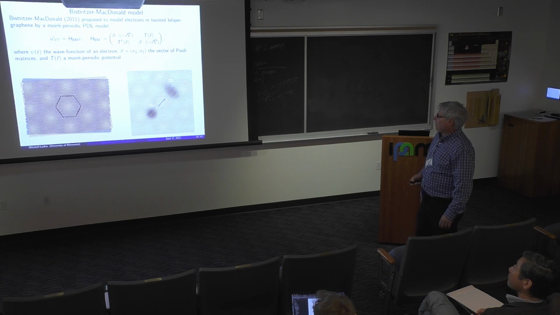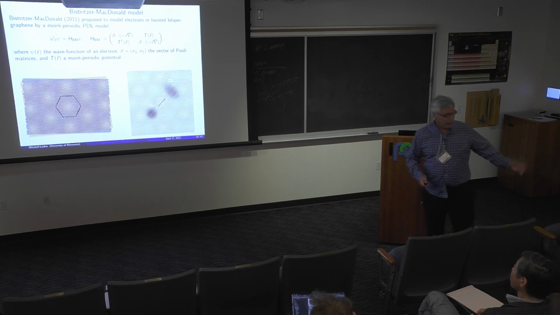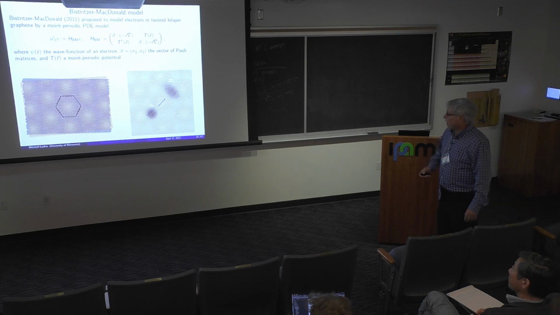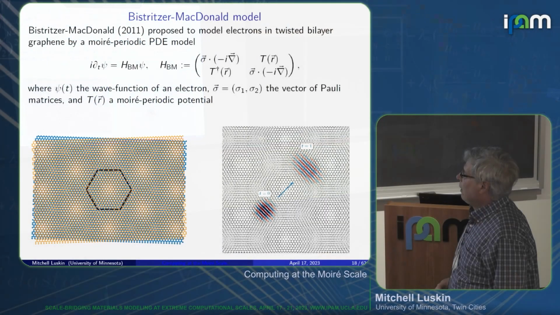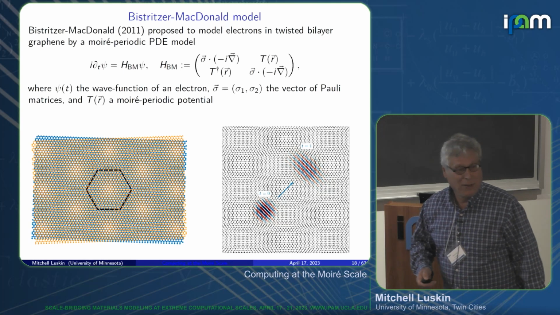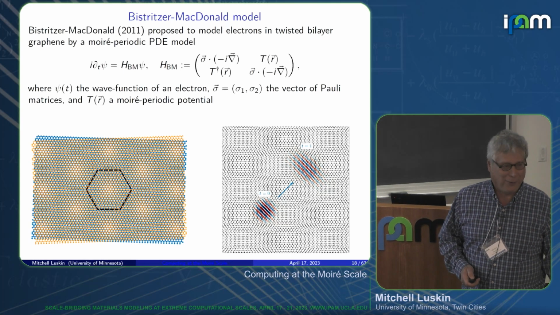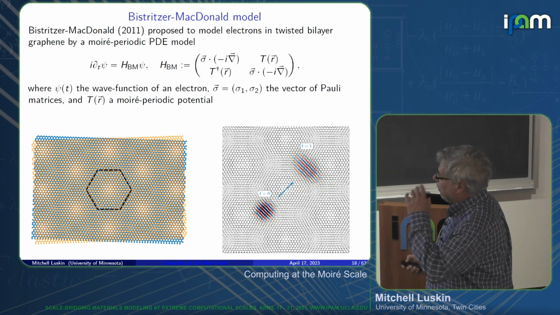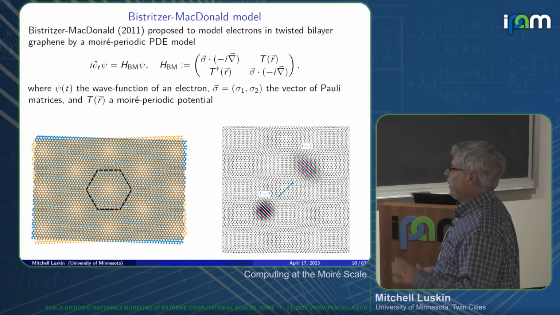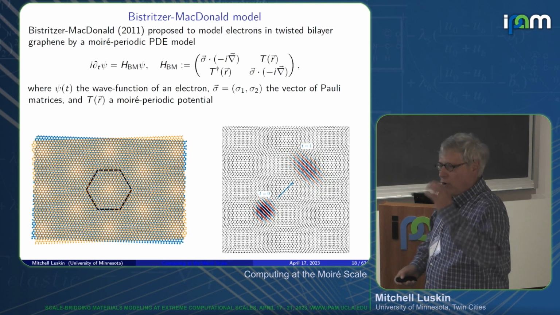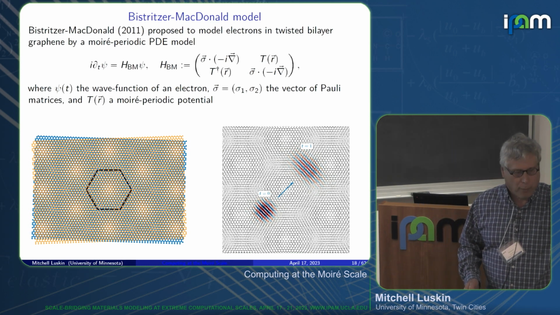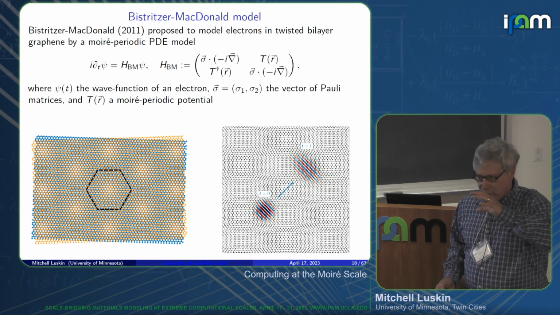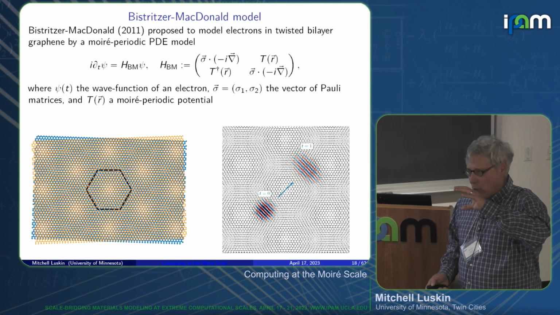So I got together with my postdoc, Alexander Watson, and Allan, and we said, okay, can we prove that this thing really is a valid model? The point of view we had is to create a wave packet at what's called the Dirac point, the low energy point.